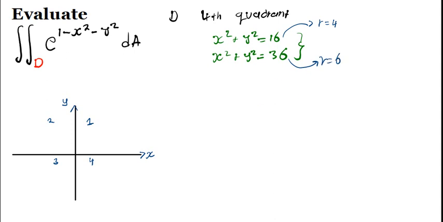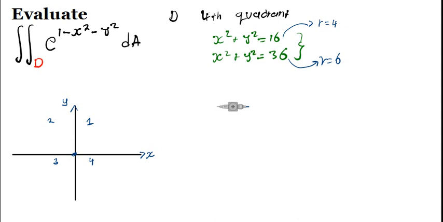So I can draw circles, and what you can observe about these circles is that they are centered at the origin. I can draw the entire circles, but I'm more interested in what is happening in the fourth quadrant. So let's go ahead and draw these circles. I have my compass right there.